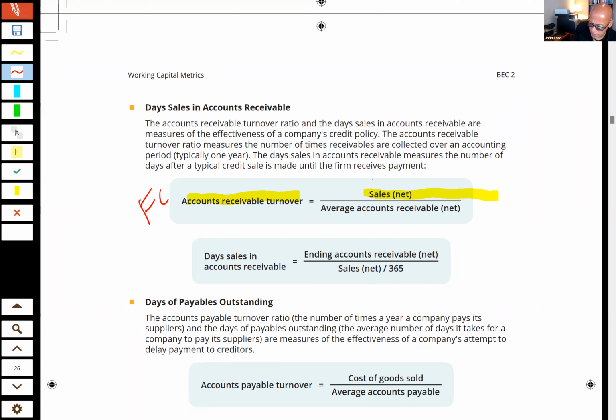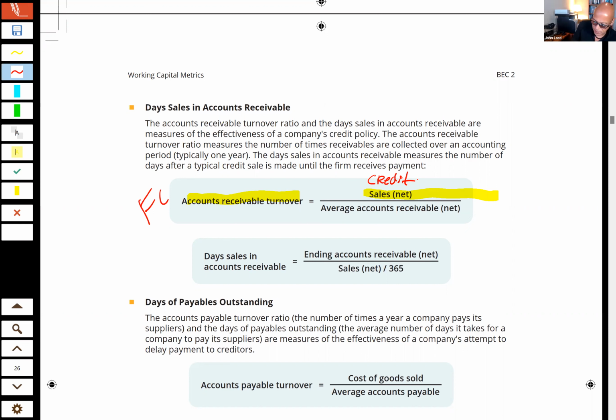But what kind of sales are we talking about? We're talking about credit sales here. Be careful, because the book should have put that, because the exam may give you cash sales, may give you credit sales. It's only credit sales. We don't have to wait to collect on a cash sale. It is already cash, right? Okay, so it's credit sales.